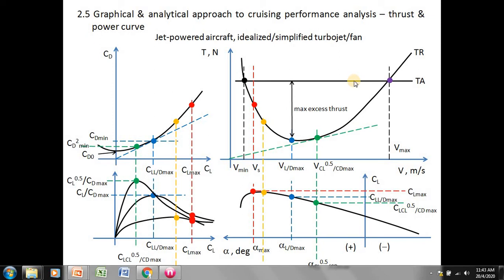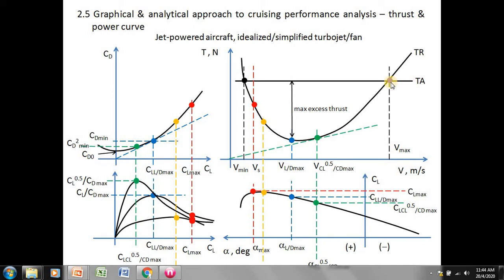So if you fly within this region where your thrust required is lower than the thrust available, then you have an excess thrust, meaning that you can fly within this region. But if you try to fly outside of this region, your thrust required is more than thrust available, and your airplane cannot fly that fast.